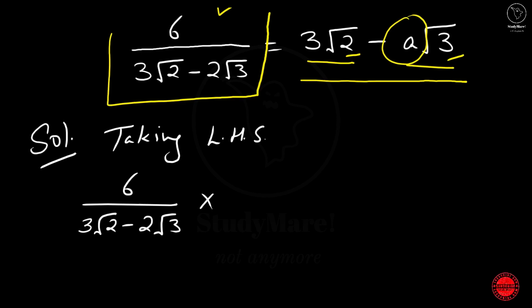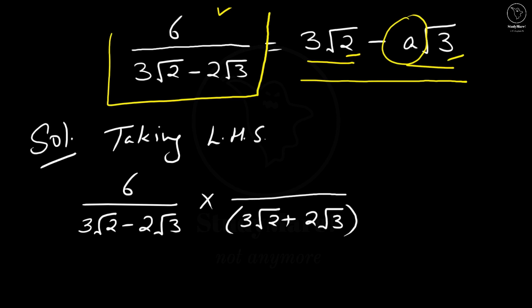So for rationalizing the denominator, we multiply the denominator with 3 root 2 plus 2 root 3. In order to keep the expression as it is without changing its value, we multiply the same expression into the numerator, which is 3 root 2 plus 2 root 3.